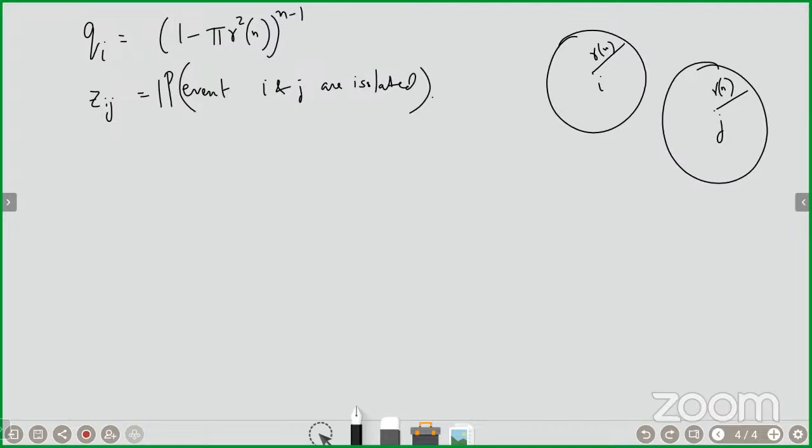That both these disks are empty, as well as the distance between I and J is also at least R. So can you write Z_IJ? Let's say the distance between I and J is V. What we know is that V is strictly greater than R. That kicks off two events, one belonging to I and the other to J.